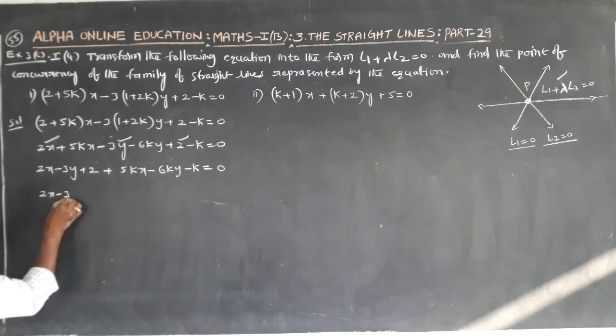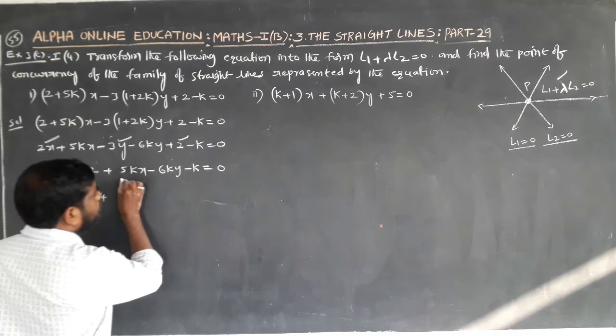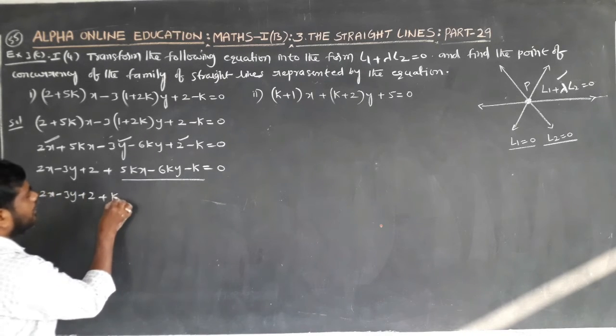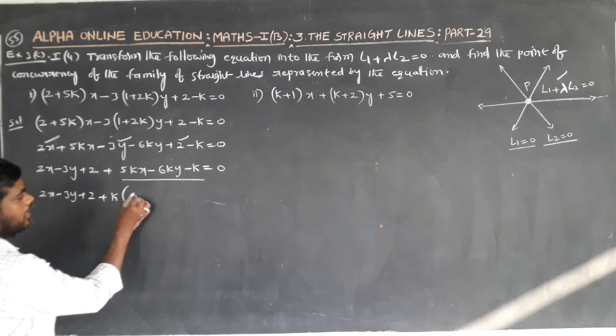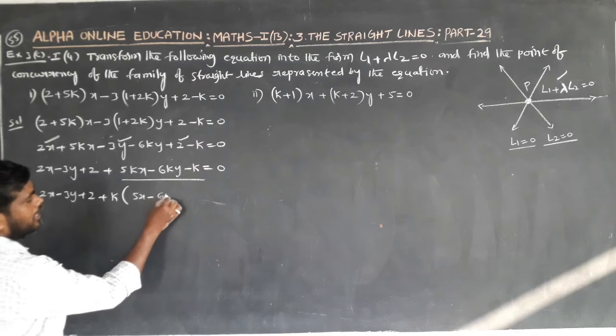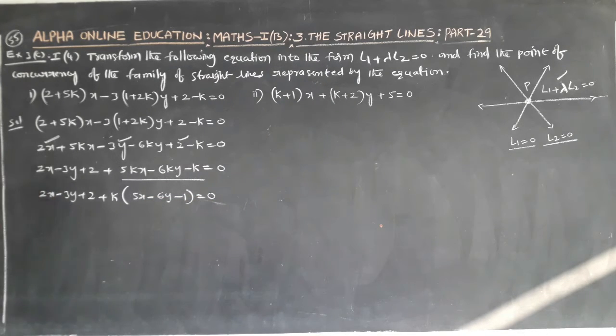2x minus 3y plus 2. Common in the three terms, k common: 5x minus 6y minus 1 is equal to 0.